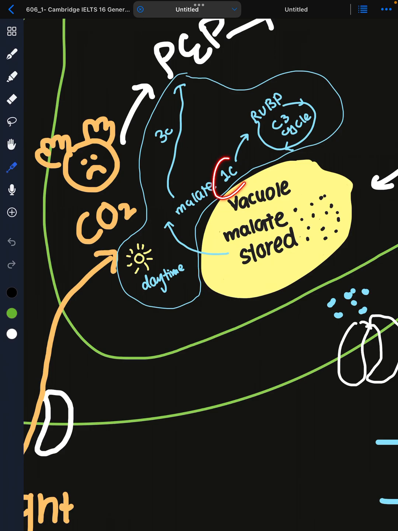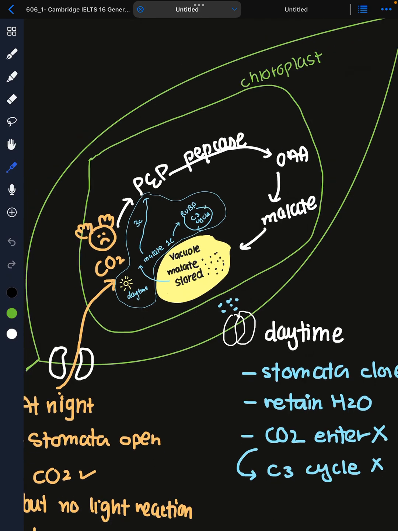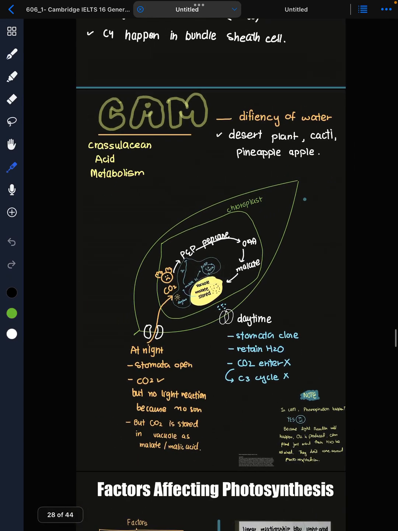One carbon is going to go to the C3 cycle to perform the Calvin cycle to produce glucose, and the rest of the carbons are going to regenerate phosphoenol pyruvate. By doing this, we are preventing a lot of water from being lost. So that's it for CAM plants.